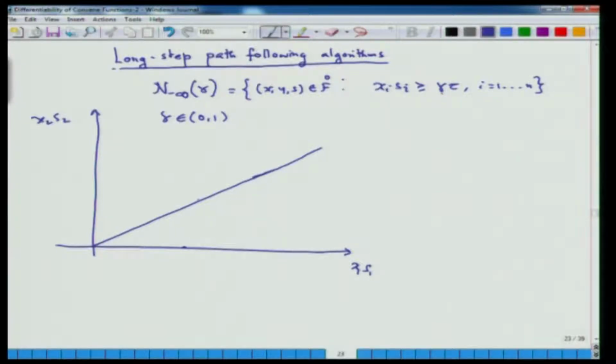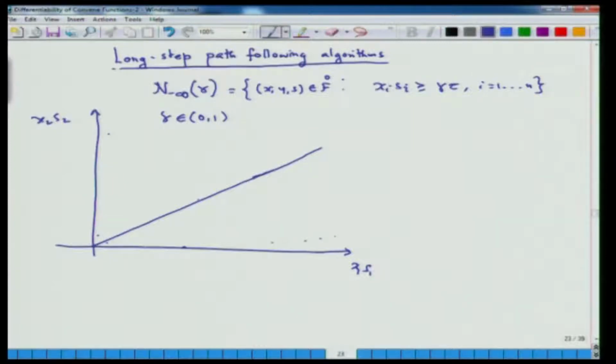So x1 s1 is equal to gamma tau, x2 s2 is equal to gamma tau, for some tau and some fixed gamma. You will get a point here and a point here. Gamma is very small, and whatever the value of tau, gamma is pulling the tau down. So for x1 s1 you will get a point here, and a corresponding x2 s2 a similar point here.